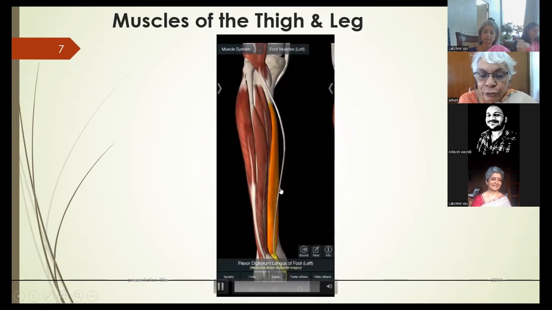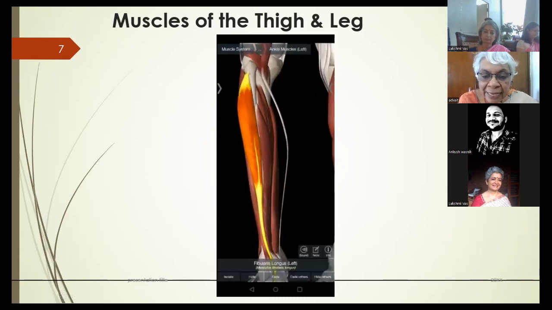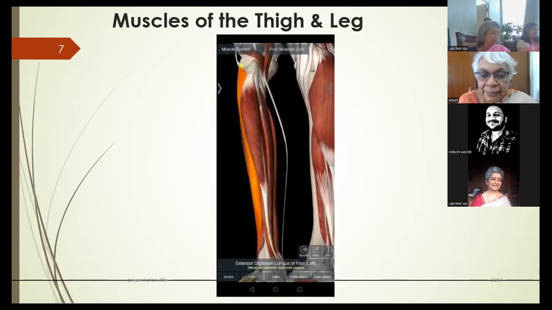So this is the flexor digitorum longus of the foot, the flexor hallucis longus, and the fibularis longus. And then this is the extensor digitorum longus, and you have the fibularis brevis. Okay. So this is a little video about the muscles of the gluteal region, thigh and the leg.